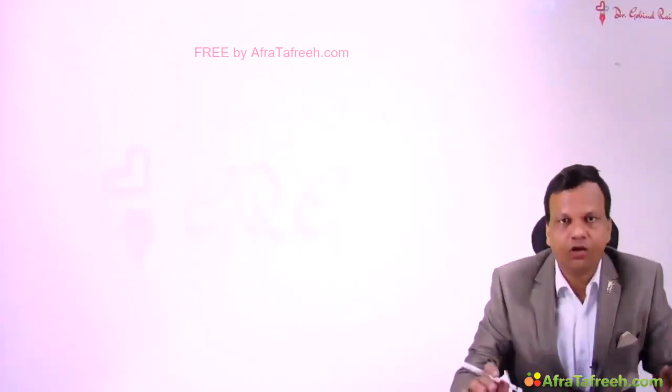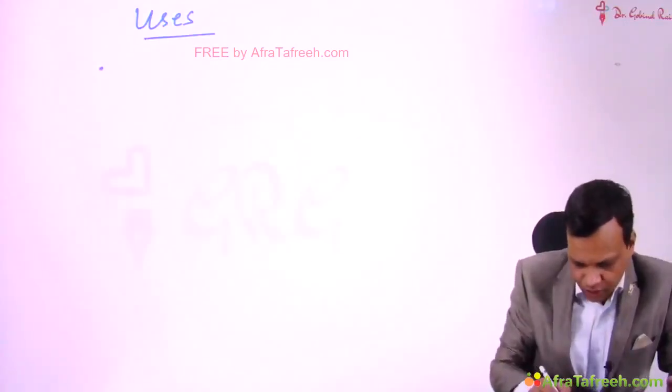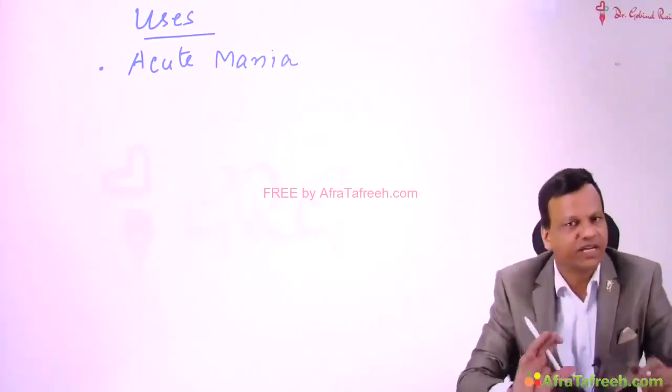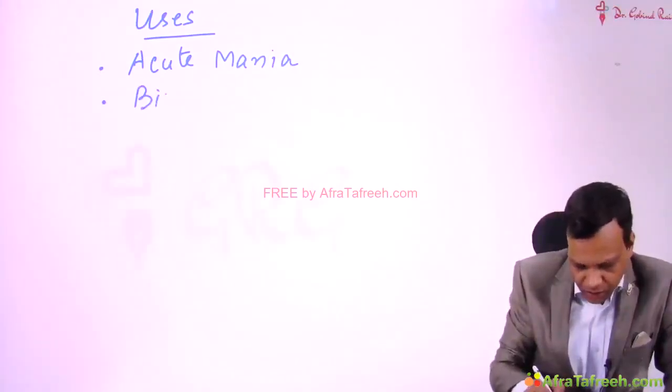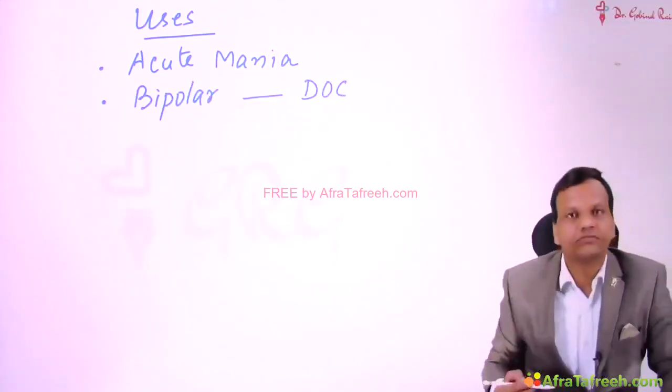Okay. Now coming to uses of lithium. So lithium, we just discussed, can be used for acute mania. But when we use it in acute mania, it must be complemented with sedative drugs like antipsychotics. Then it can be used for bipolar disorder. For bipolar disorder, lithium is the drug of choice.